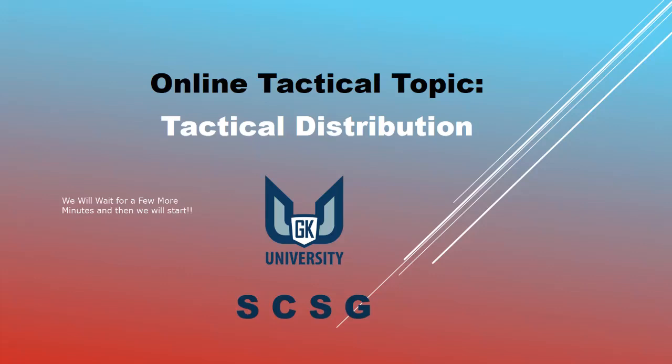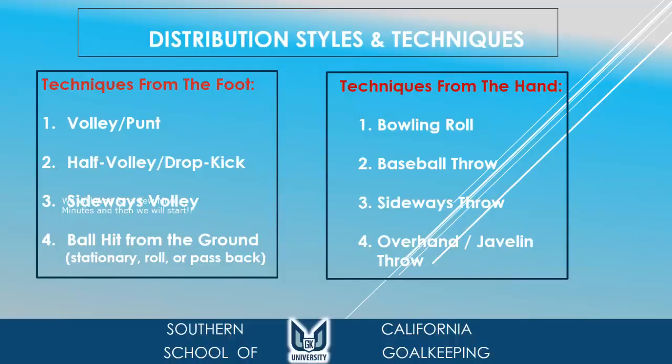So as we go into the tactical distribution, this is what we will be doing today. What we're looking at right now is the distribution styles and the techniques. Obviously distribution is anything where you take the ball and get rid of it from either your foot or your hand.